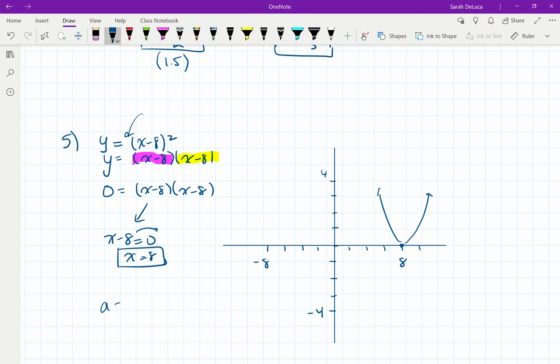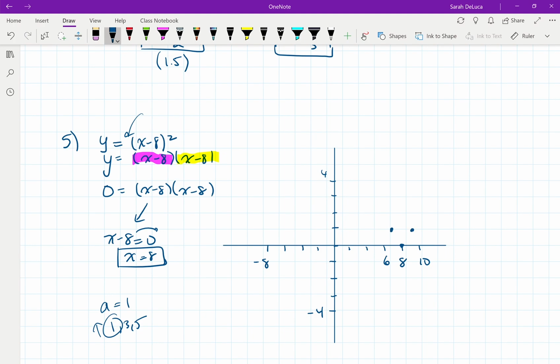If a is equal to 1, then it has the same step pattern as y equals x squared, so I can easily plot that. This is 6 and this is 10, so this means I go over 1, up 1 from the vertex, and so this would have to be the vertex.